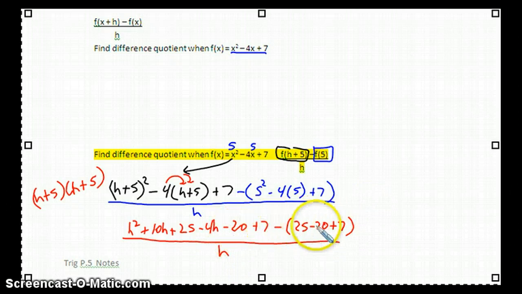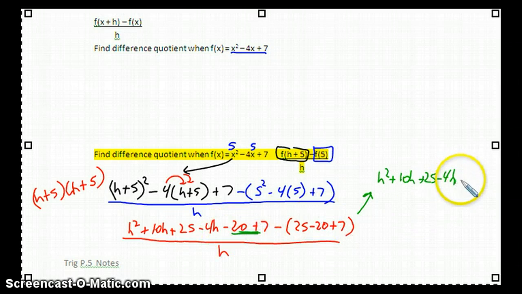So I think what I'm going to do here is I'm going to combine all of my like terms here to simplify this. So h squared plus 10h plus 25 minus 4h. I'm going to combine these two together. That makes plus 13, minus 13.